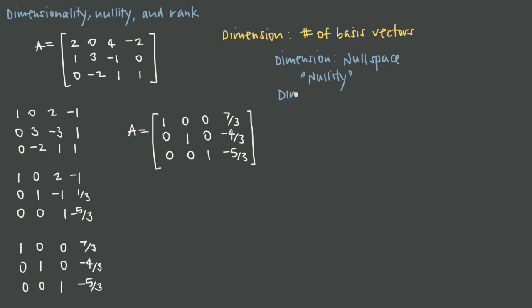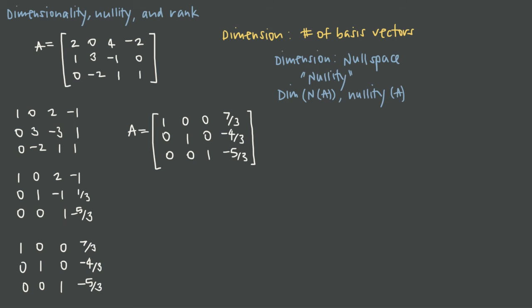And we can either write that as the dimension of the null space of A, or just as the nullity of A like this. These two things mean the same thing, the dimension of the null space of A or the nullity of A. Either way, that's the dimension of the null space of the matrix A. And that's always given by the number of free columns in the matrix when we have the matrix in reduced row echelon form.